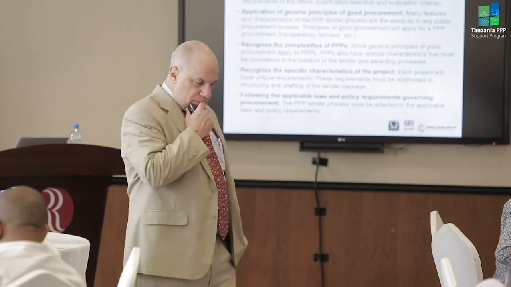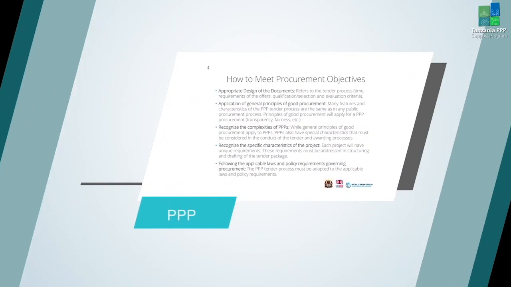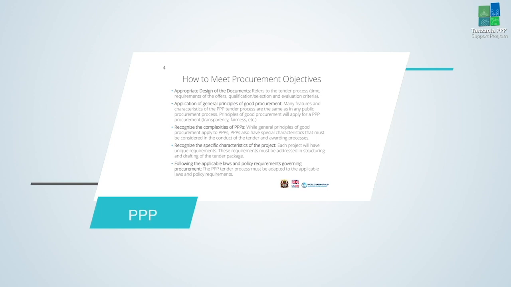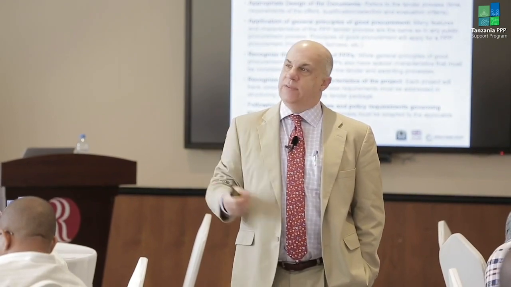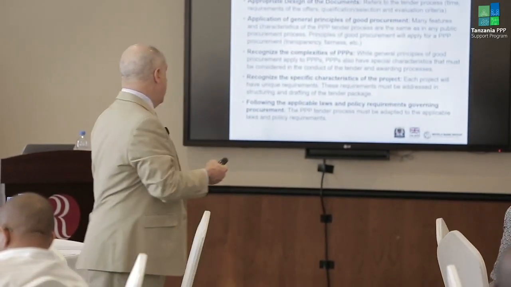So some of the ways we make this all come together. We certainly want to have good, solid procurement documents. We had a brief presentation yesterday from our friends in the room next door who talked about how they're looking to standardize various documents. That'll go a long ways into improving public-private partnership procurement.